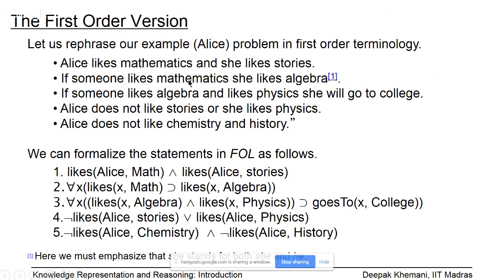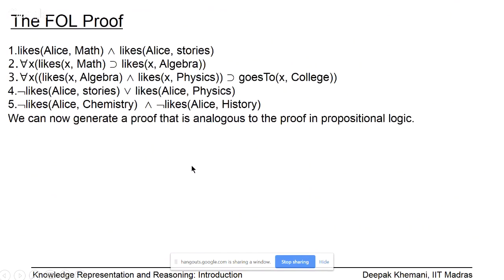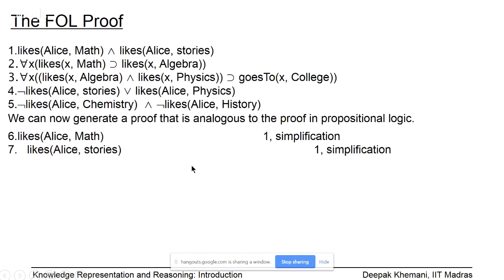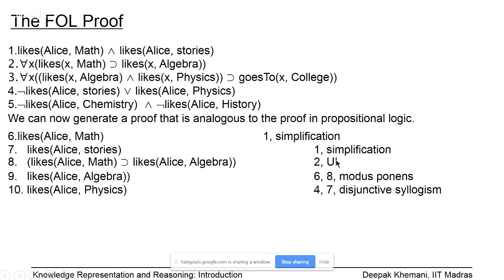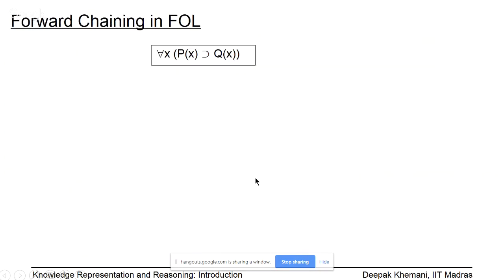If someone likes maths, then she likes algebra, which can be written as for all x, likes x maths implies likes x algebra. So it's the same story except that we have these first order logic statements, and then we have this notion of proof, which involves the rule of universal instantiation. This is the process called natural deduction.